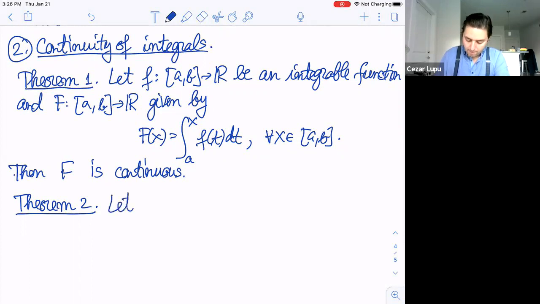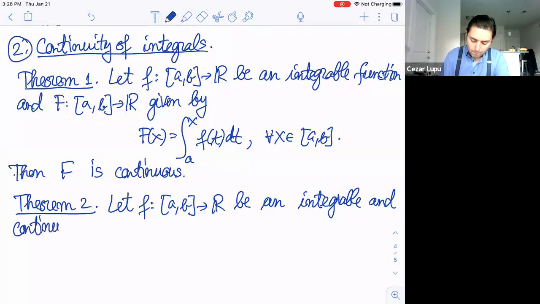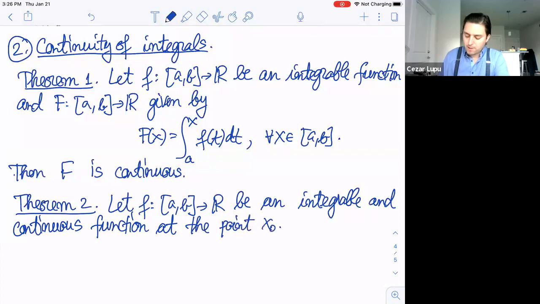Let f be defined on [a, b] to the reals, an integrable function, and even more, continuous at one point, let's say at the point x naught, an arbitrary point.